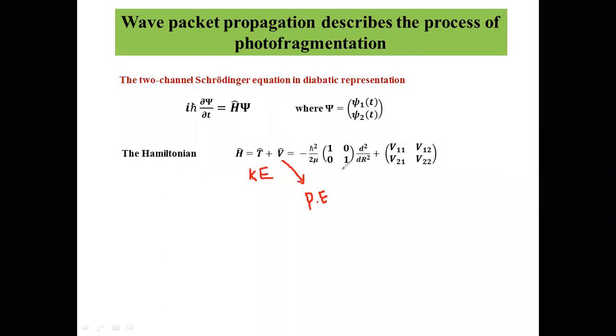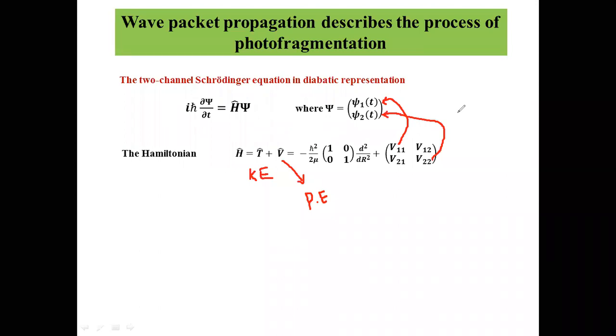Plus you have the potential energy operator, again in two dimensions. Now the diagonal terms are basically the two state potentials. Like V11 is the potential for psi 1, and V22 is the potential for psi 2, the excited state, right?